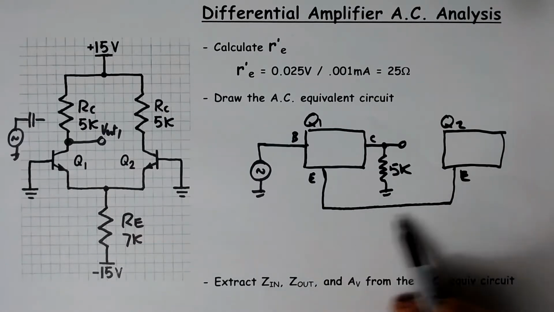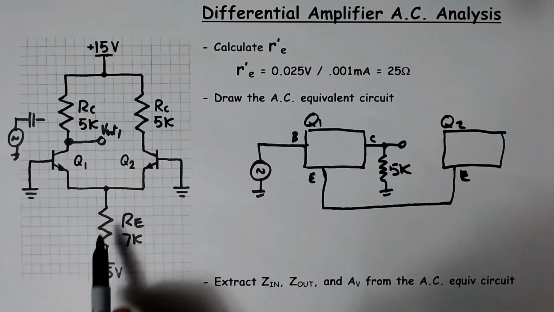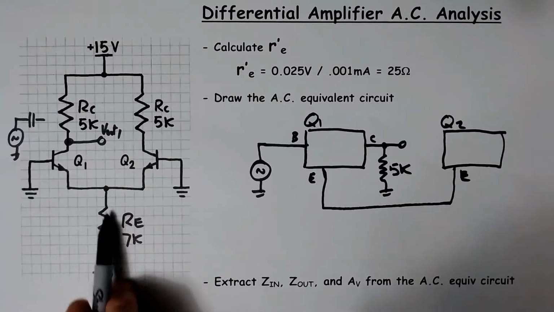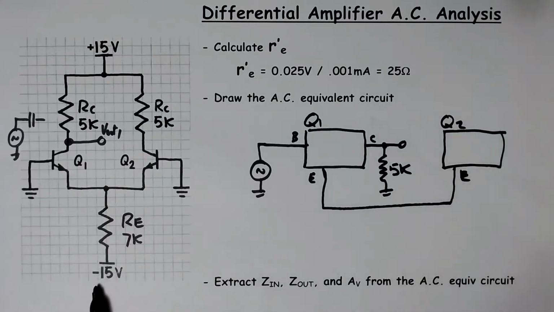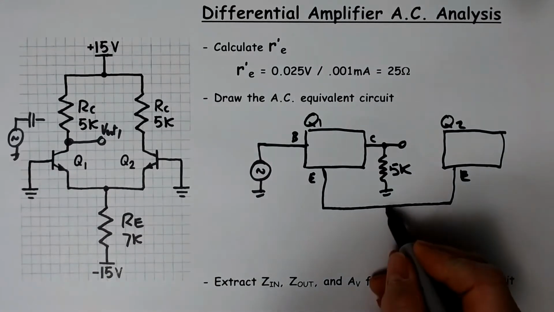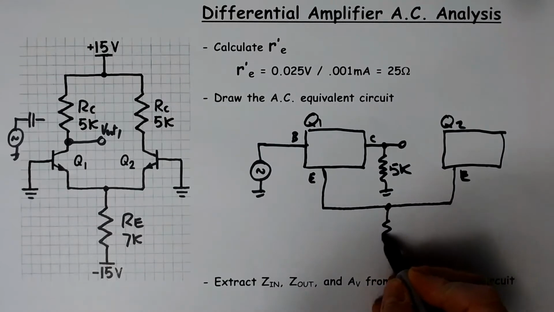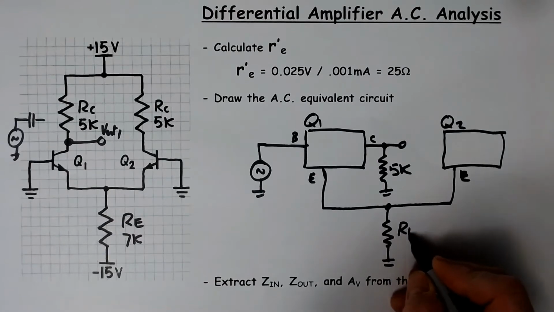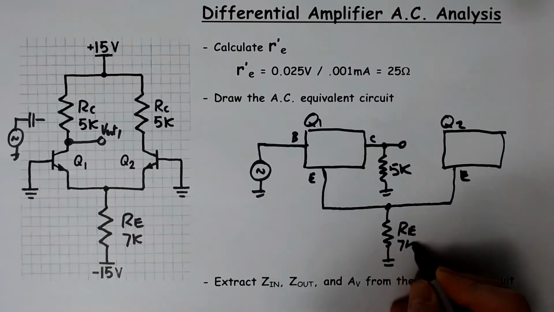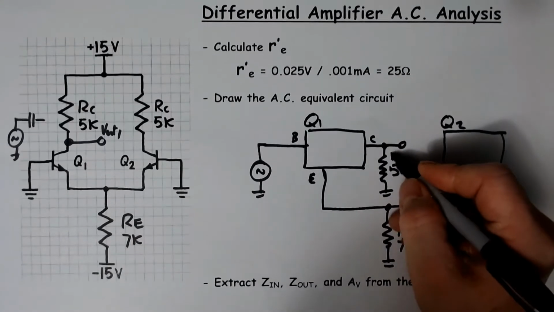And then on that piece of wire, you can see in the middle it has an emitter resistor RE, which goes to the negative supply, but in the AC equivalent circuit the negative supply is an AC ground point. So we can draw that in here. That is RE, that is 7K, and this one was RC.